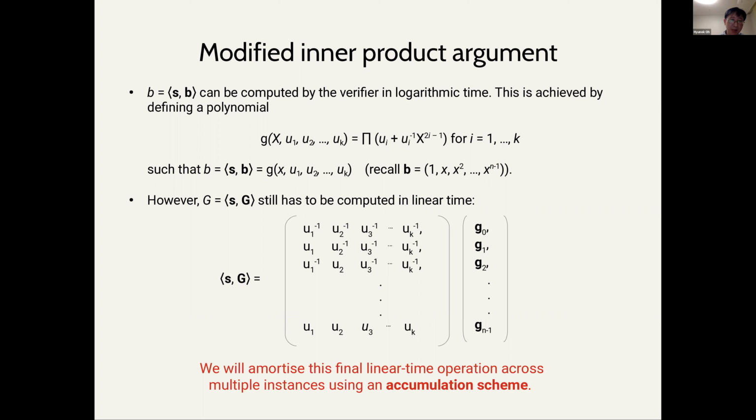Yeah, MNT4 and MNT6, the cycles of elliptic curves, right? So still we have to use those elliptic curves for the Kate pairing.